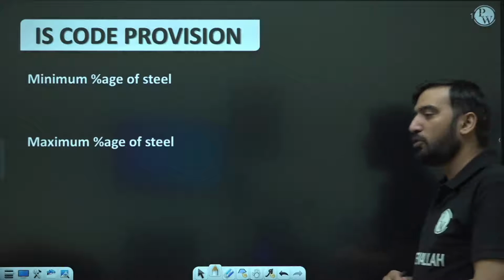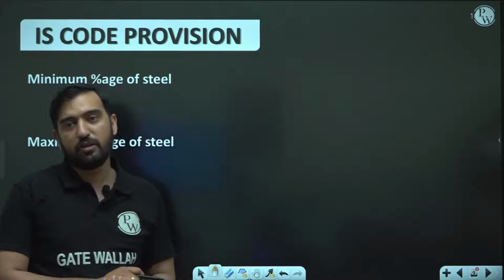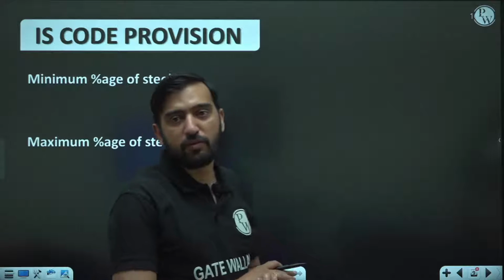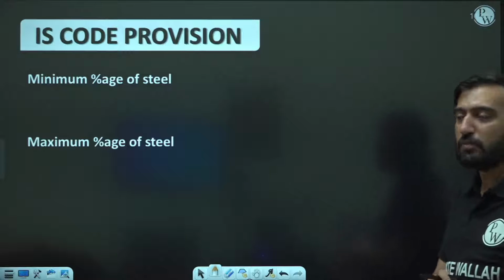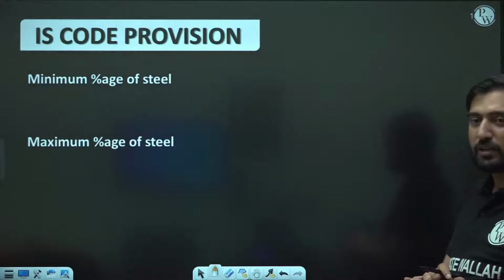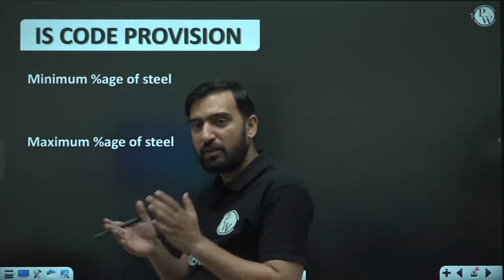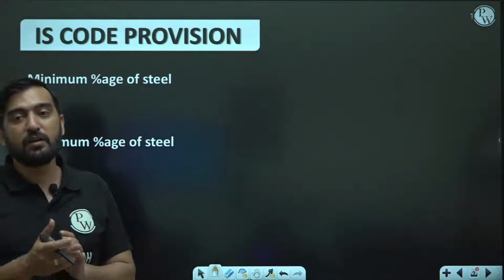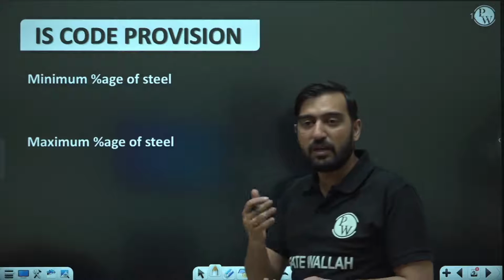Now as per the codal provisions, there are minimum and maximum percentages of steel. The code gives a minimum percentage of steel, a maximum percentage of steel, some recommendations for the diameter, some spacing criteria, different recommendations for transverse reinforcement, and some slenderness limit criteria.